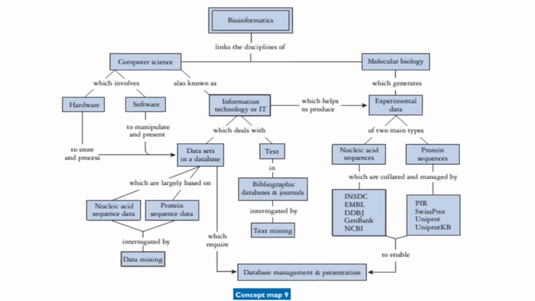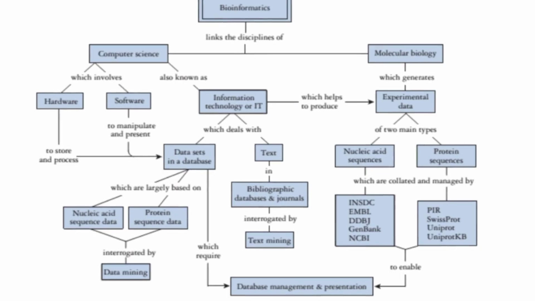You can see even on the screen, talk about computer science, talk about the hardware and the software aspects, and then the information technology, that is the technology of transmitting information from one location and making it accessible to another location. And also molecular biology is the one that generates the DNA sequence, the RNA sequence, the biological information.